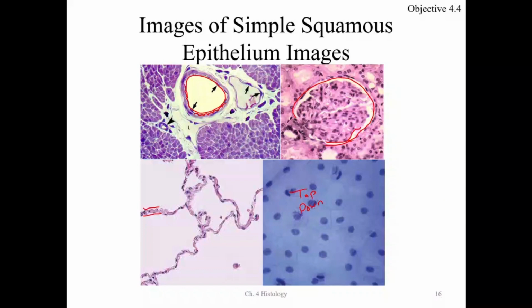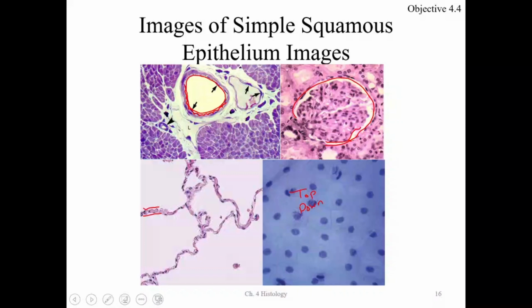When we look at these cells, notice they are very flat. These are thin, flat cells. Now, I've got some pictures that I borrowed from books that show them, like this part right here. Top right is from the kidney, from a structure called a Bowman's capsule.